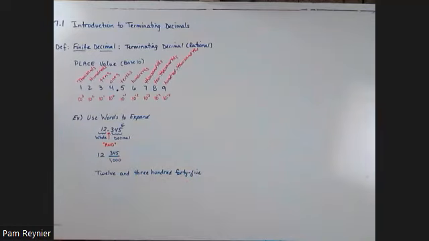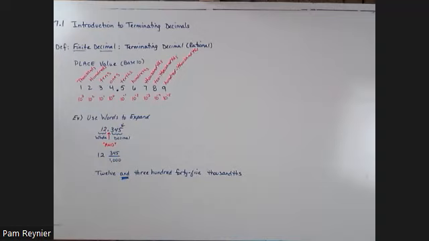And we have to say 345 what? Well, thousandths. As soon as we put that THS, we know that that's a fraction. Okay. So you may be asked to go kind of back and forth. Keyword, that word and is where that decimal point goes.